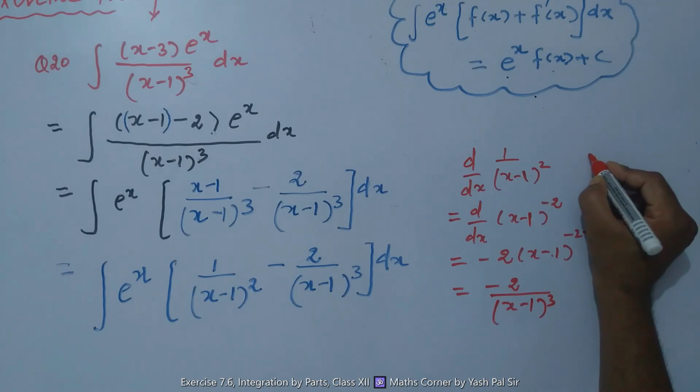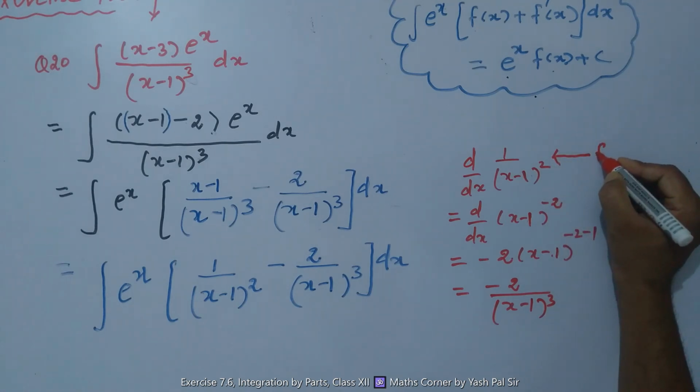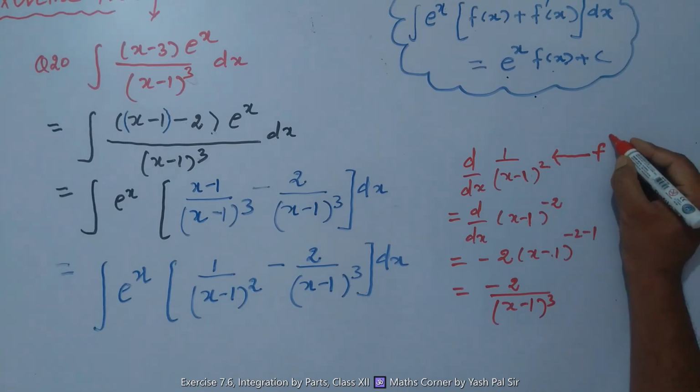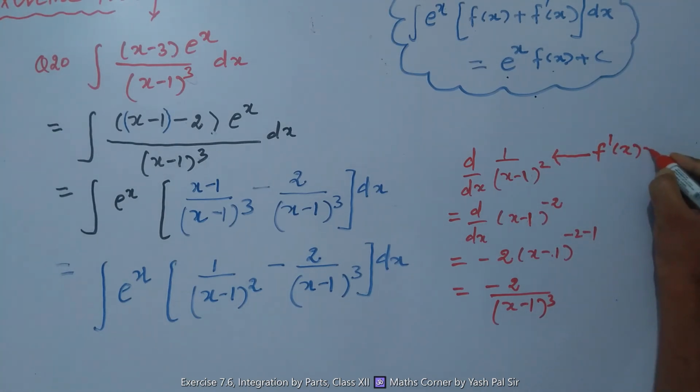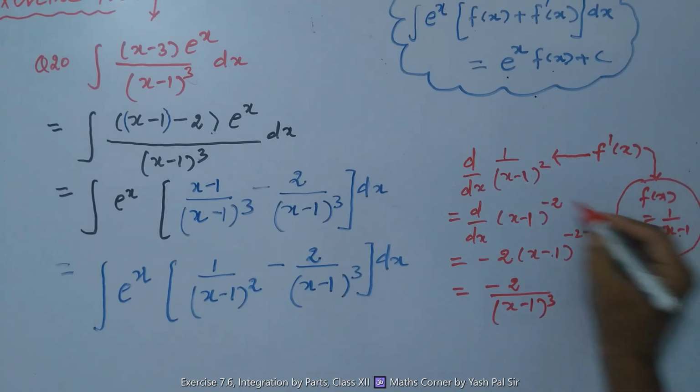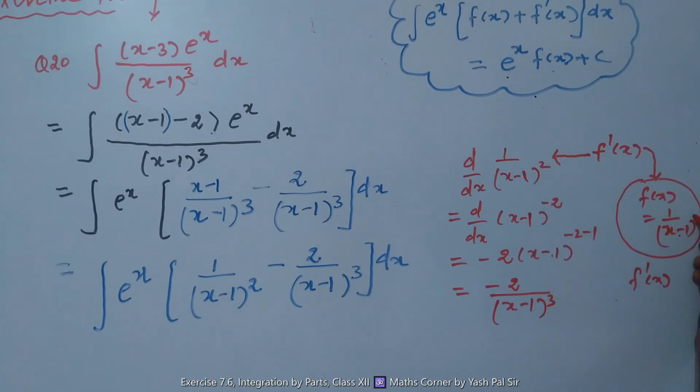So this way, this was the derivative f dash x, where f of x is equal to 1 upon x minus 1 whole square, and f dash x is equal to minus 2 upon x minus 1 whole power 3.